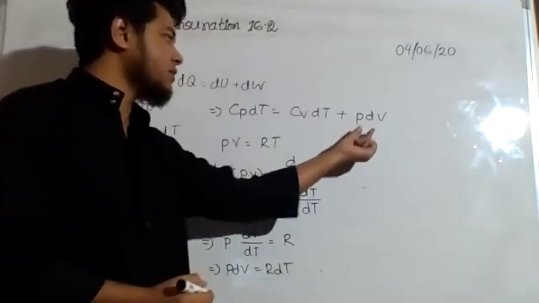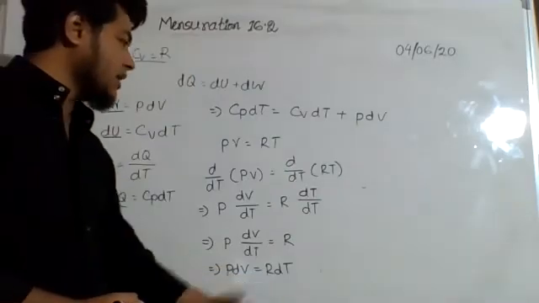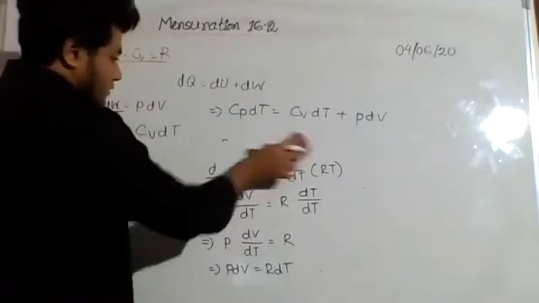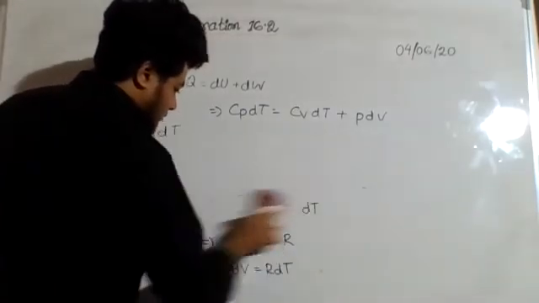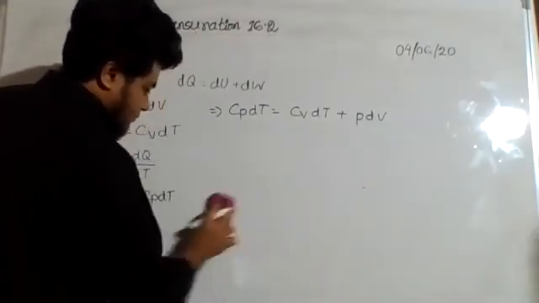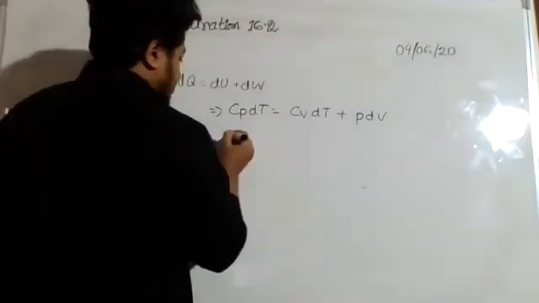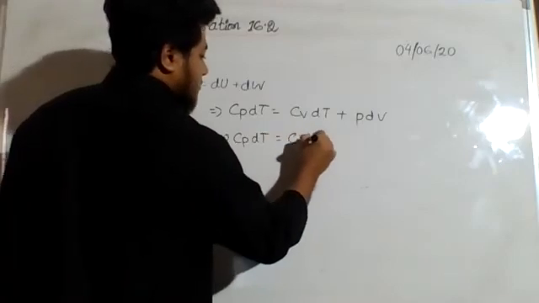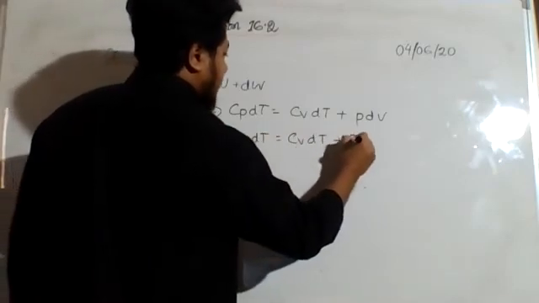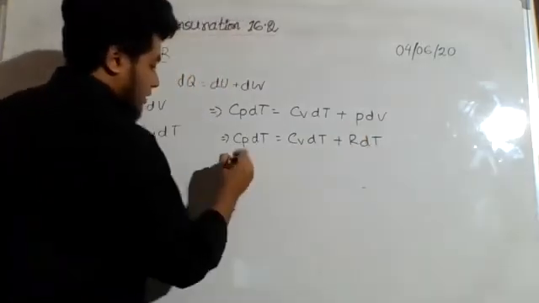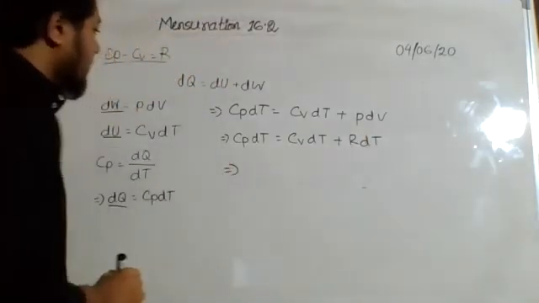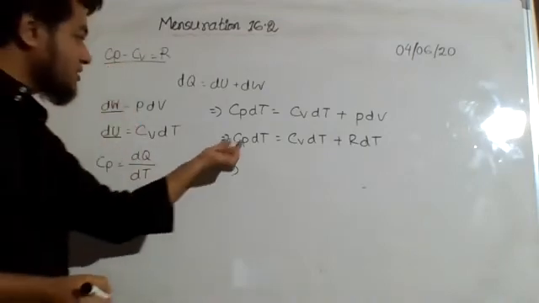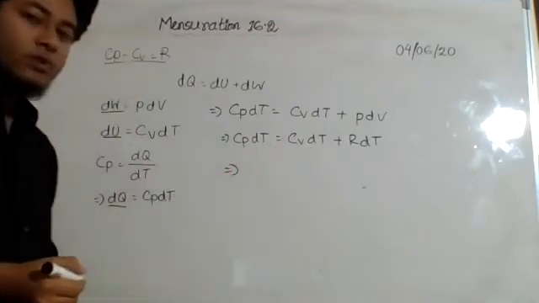Here we have PdV. So can I replace PdV by RdT? I definitely can, right? Yes. So this line I will rewrite as Cp dT is equal to Cv dT plus R dT. If you take a look at my desired equation, Cp minus Cv, that means Cp and Cv should both be on one side, right?